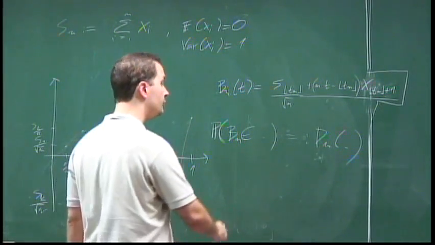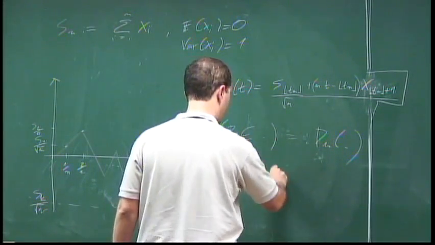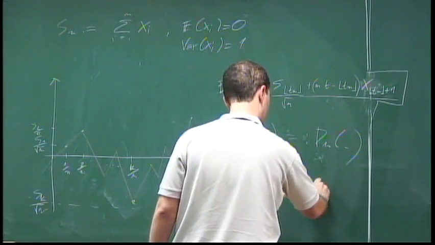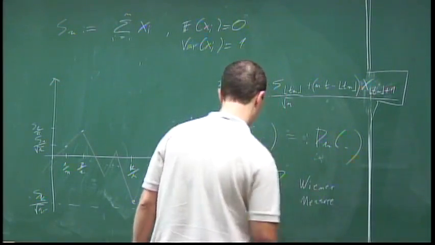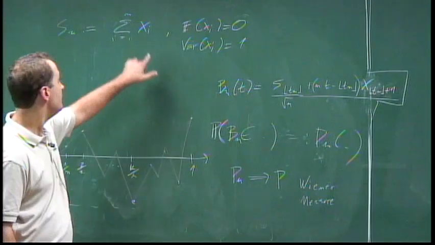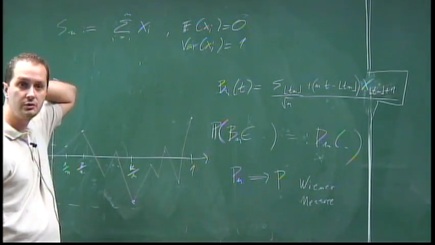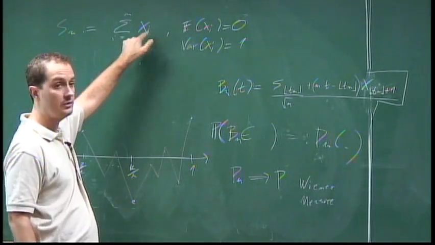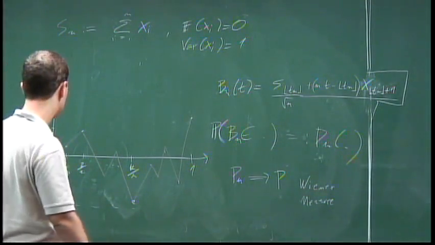And the theorem we're going to prove is that these sequences have a limit, which is Wiener measure. So like the central limit theorem, we have a limit that doesn't depend on the random variables that we put in. The limit in distribution doesn't depend on the distributions of these random variables. And we know a few things that this limit should satisfy.